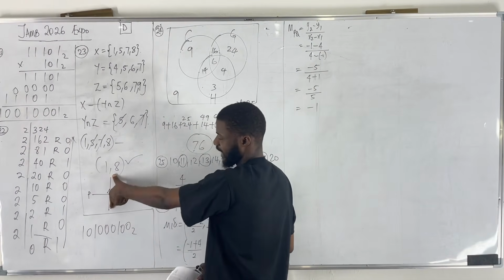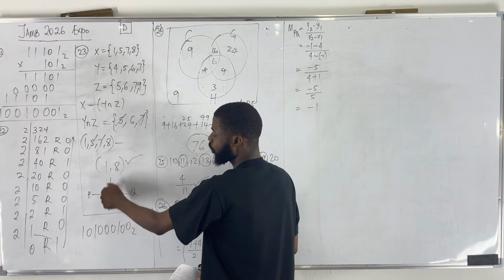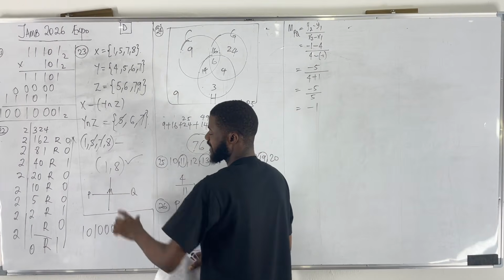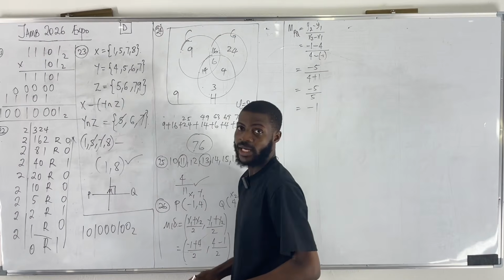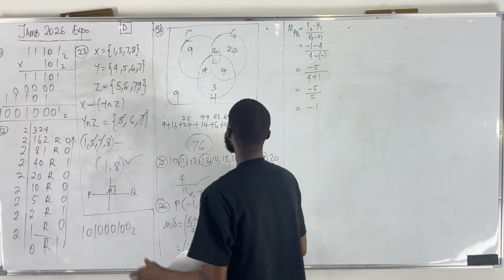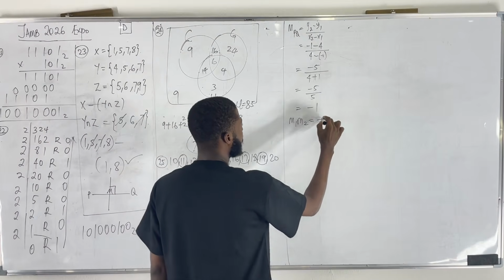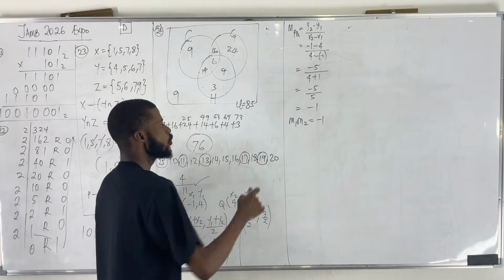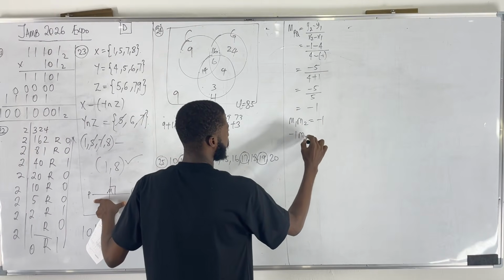But that's not the gradient of the line I'm looking for. This M is the gradient of the line that I'm looking for. You need to remember that these two lines are perpendicular to each other. And if they're perpendicular lines, that means the product of their gradients, M1 times M2, will give you minus 1. So the gradient of the first line, PQ, is already minus 1.